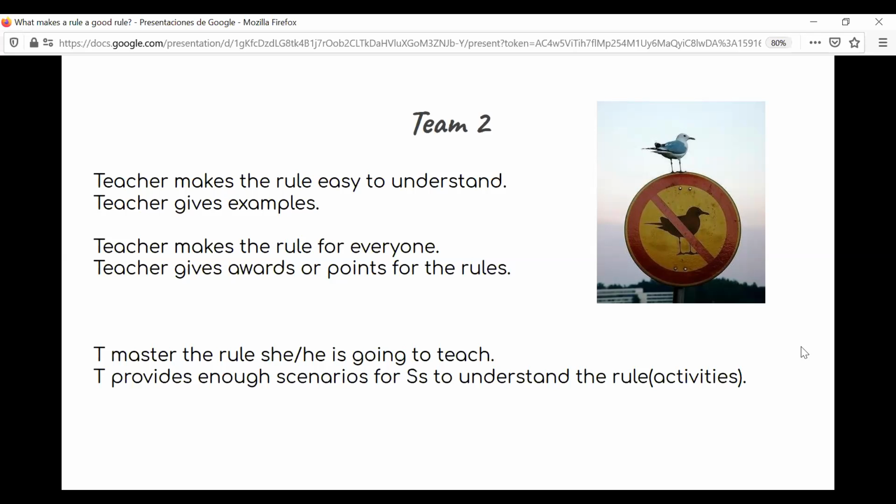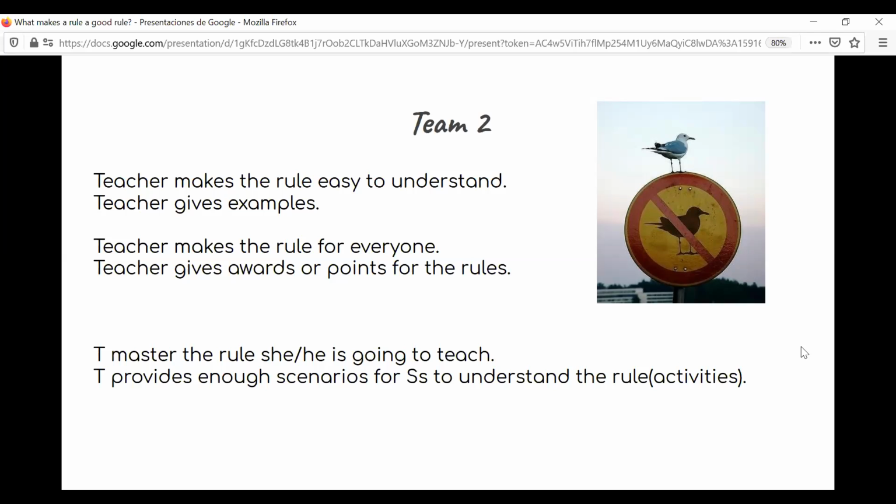I mean activities during the class, when you present the grammar rule, the teacher should have enough practice so students can understand how the rule goes, but also the context, in which context can we use this rule.